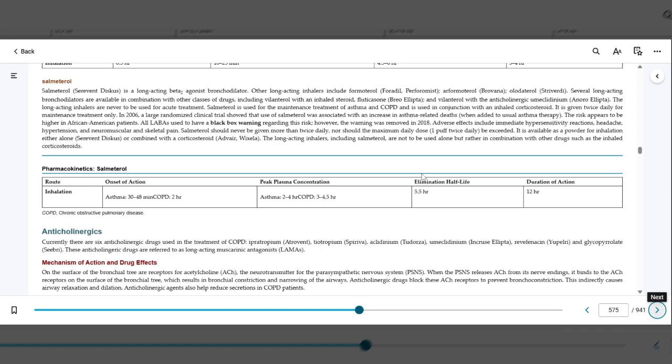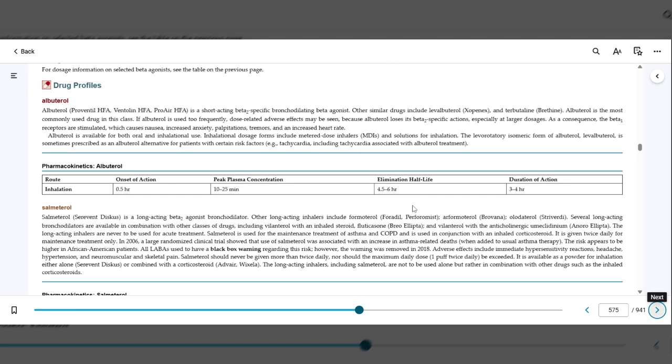I do want to point out that with our salmeterol, it is not to be used for an acute treatment. We use this one as a maintenance treatment for asthma and COPD, which means it needs to be taken on a regular basis. Commonly, we can also use this medication in conjunction with a corticosteroid.